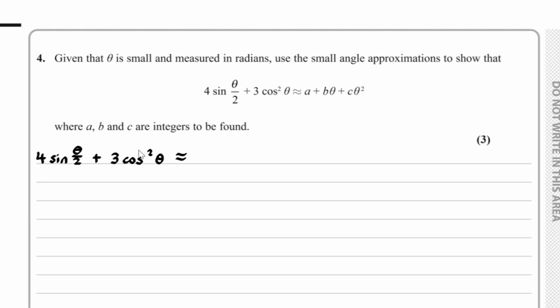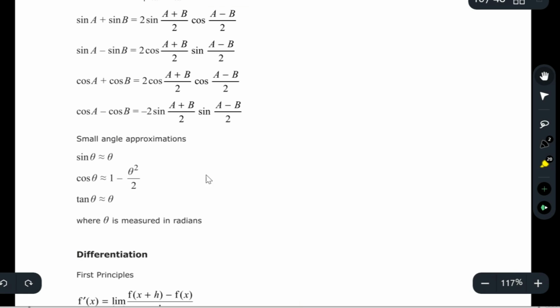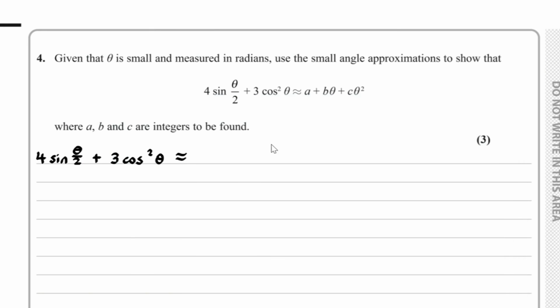Now, if we were to use the small angle approximation for cos theta, cos theta squared will be approximately equal to 1 minus theta squared over 2 all squared. We'd end up with a theta to the 4 at some point. And here we've only got a theta squared. So let's replace the cosine theta squared with an appropriate identity.